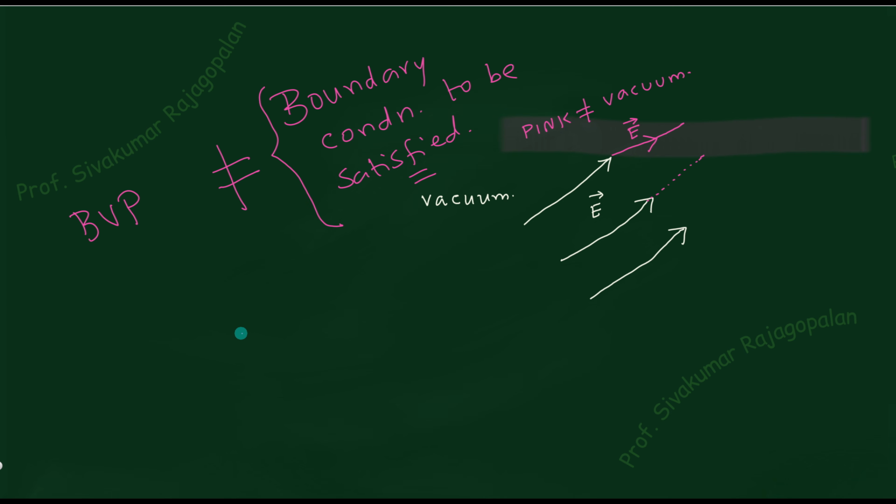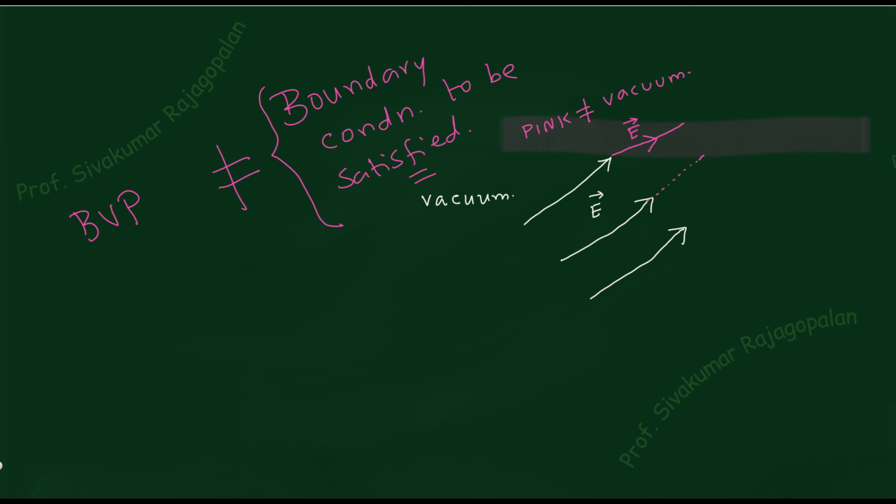Boundary value problem means solving a differential equation subject to suitable boundary condition. That is completely different from boundary condition to be satisfied when the electric field is penetrating into a material medium. Similarly, once the material medium is over, now it will come outside. So once again the same question can be asked.